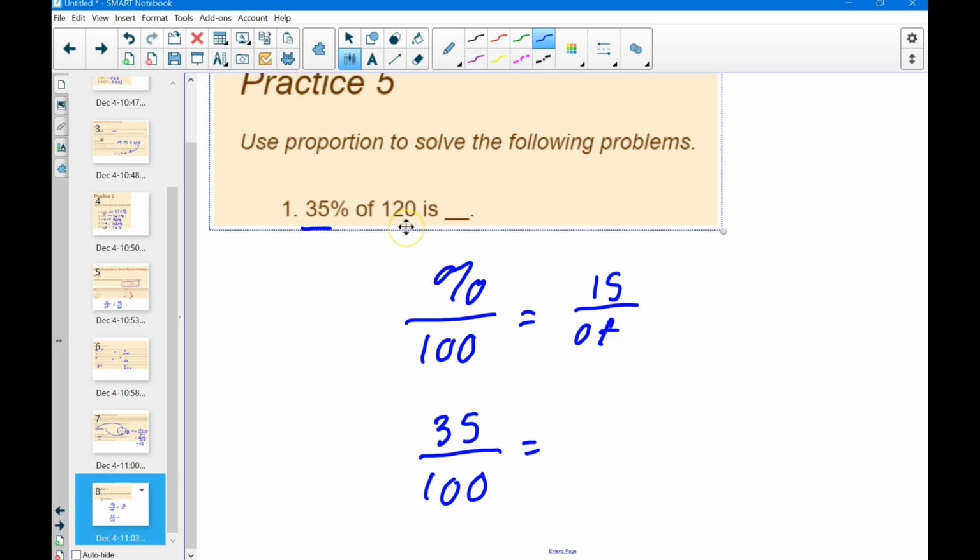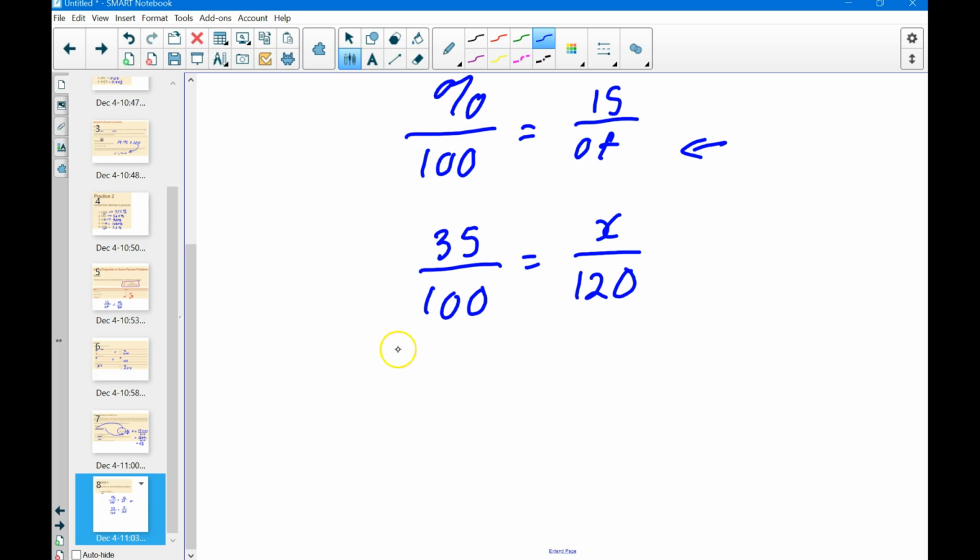And you see here it says of 120. So the of is right here, so 120 goes on the bottom. And the is is our x value. It's not that challenging really, once you put the numbers in. Then let's cross multiply, so it's going to be 35 multiplied by 120 divided by 100 equals x.